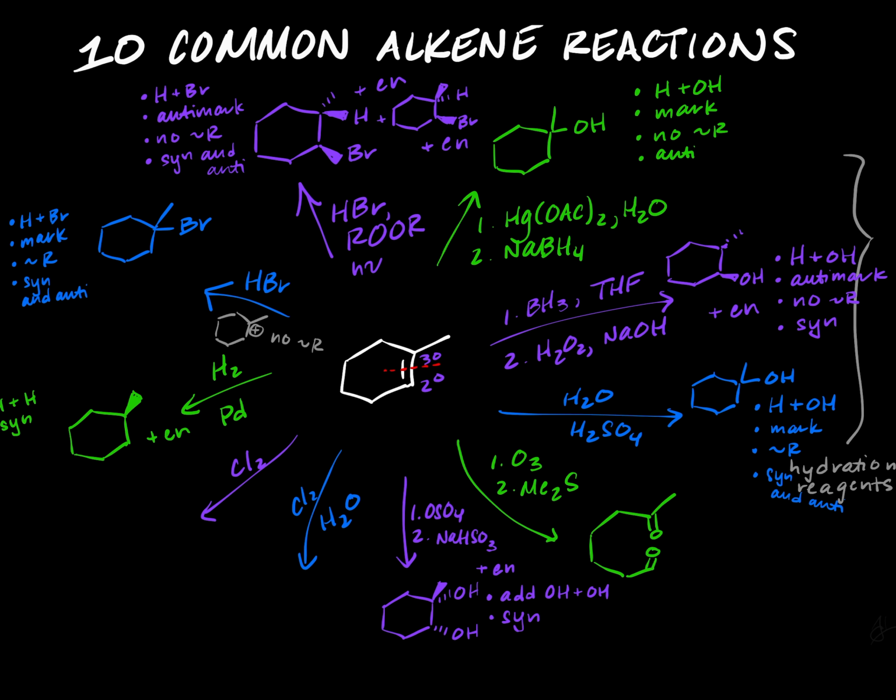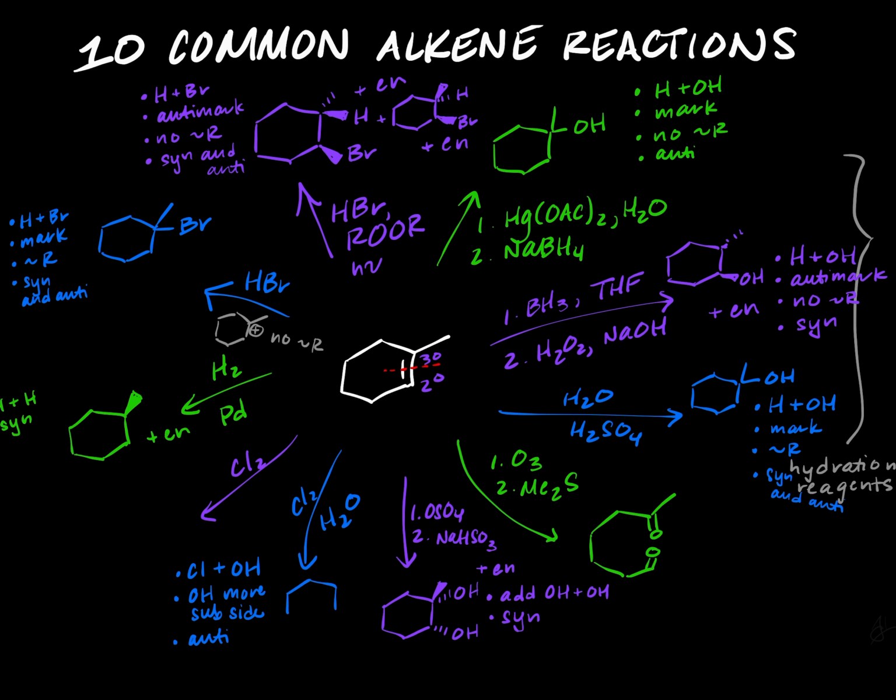This next reaction is going to allow us to add chlorine and OH, where we add OH on the more substituted side. And the groups are going to be added anti.